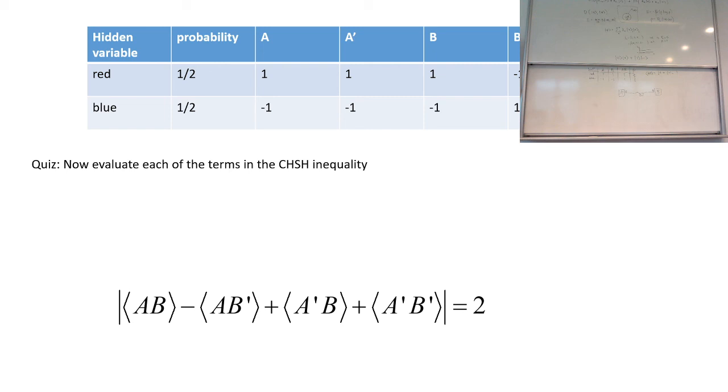I think it's -1, because for A prime, B prime, in each case, when you multiply these two, it's -1, right? So it's basically always -1, no matter if it's red or blue. So if it's -1 no matter if it's red or blue, then its average value is always going to be -1.